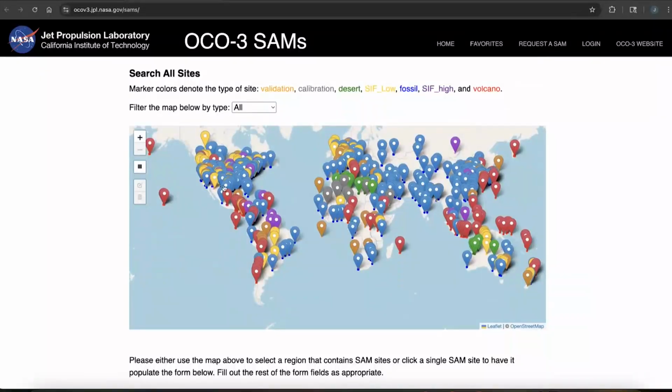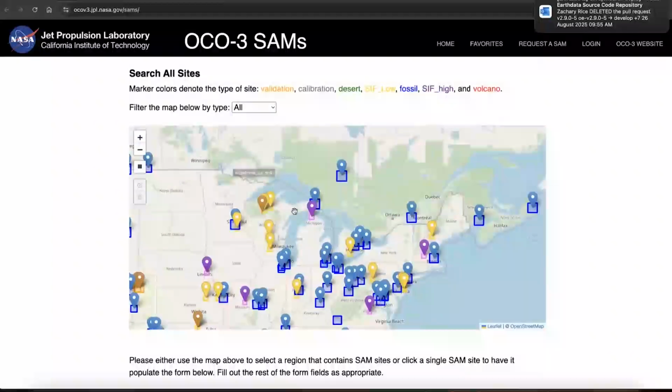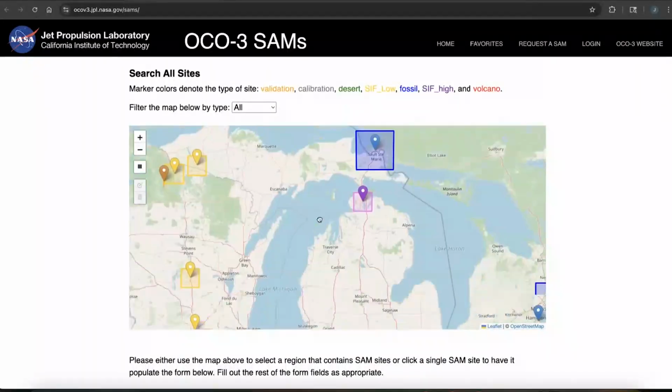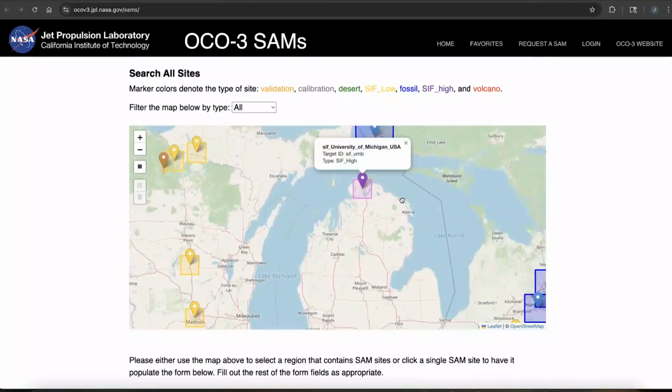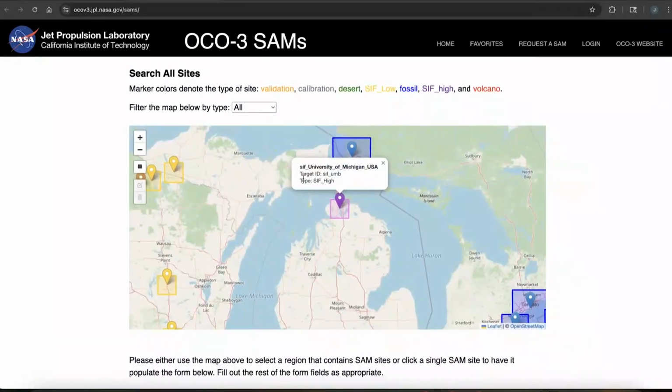Let's look at our University of Michigan Biological Station site just by zooming in on the map and looking around for the location specifically to see how that site is categorized. So if I click on this pin, you can see that this is the site that we're interested in.